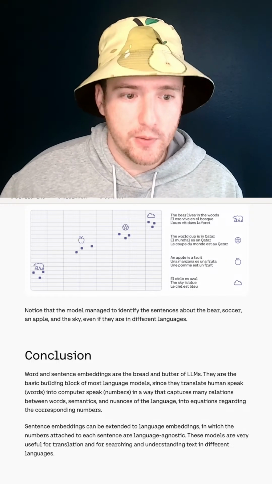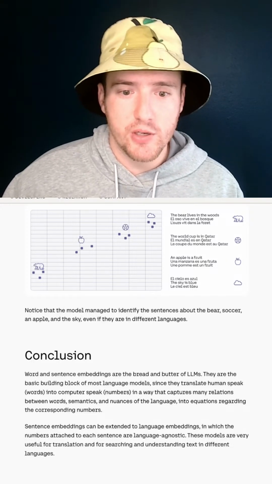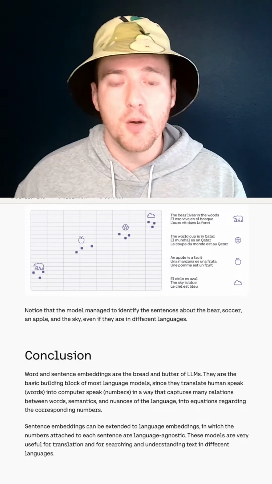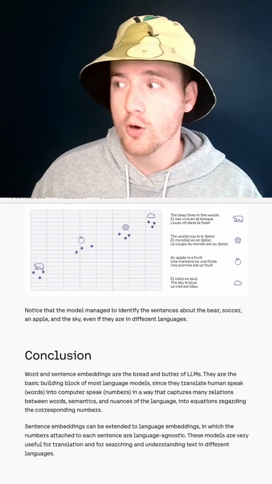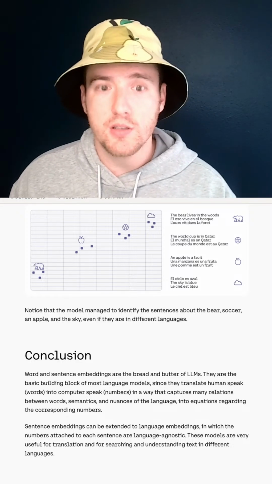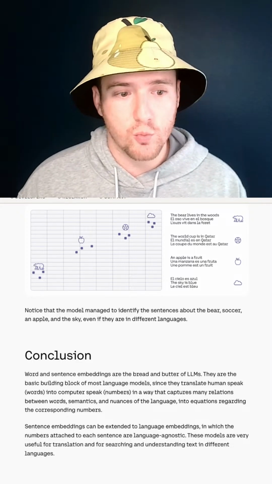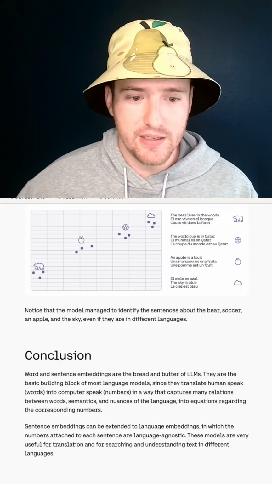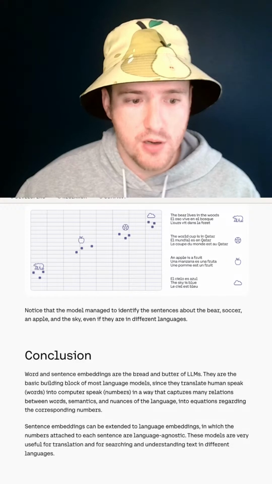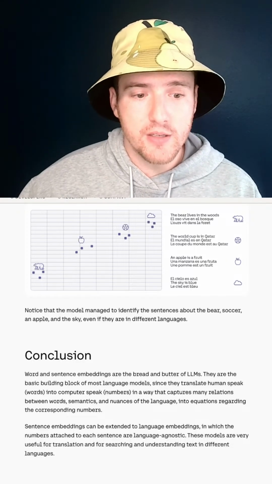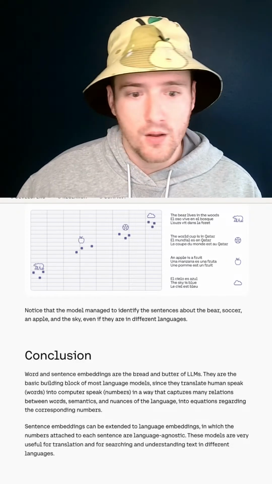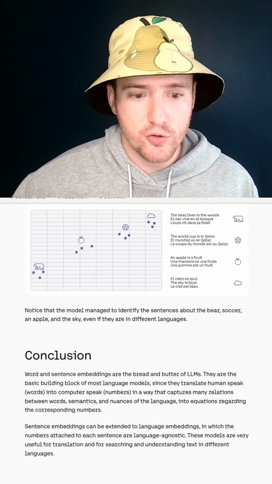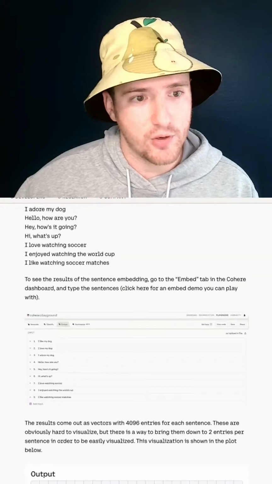They are the basic building block of most language models since they translate human speak words into computer speak numbers in a way that captures many relations between words, semantics, and nuances of the language into equations regarding the corresponding numbers. Sentence embeddings can be extended to language embeddings in which the numbers attached to each sentence are language agnostic. These models are very useful for translation and for searching and understanding text in different languages.